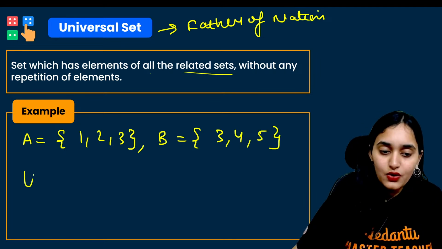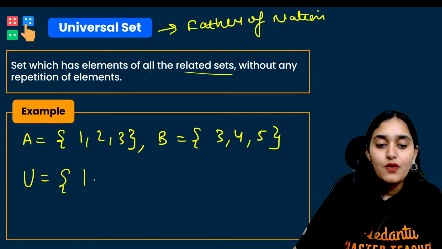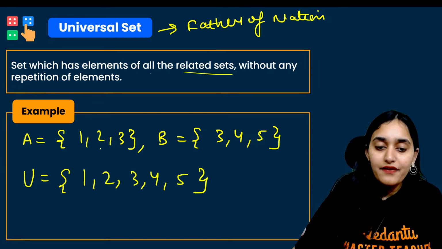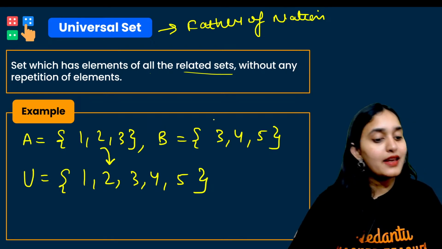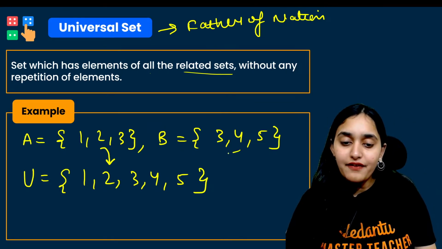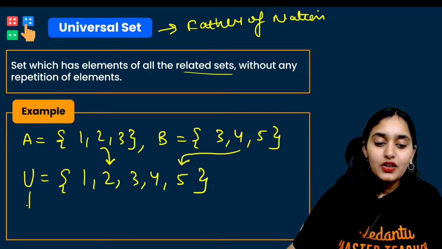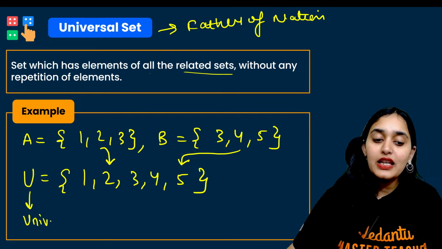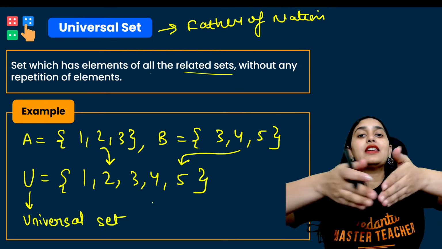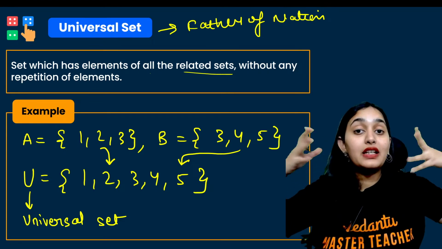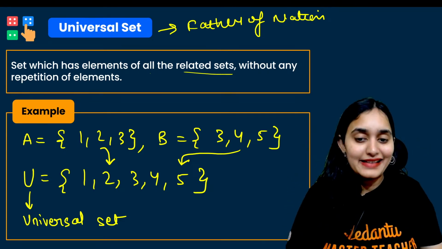And I have a universal set which has 1, 2, 3, 4, 5. So every element of A is there in the universal set. Every element of B is also there in the universal set. So this set is called the universal set, which has everything inside it. Everything of all the related sets.